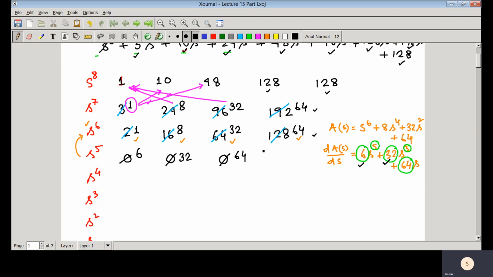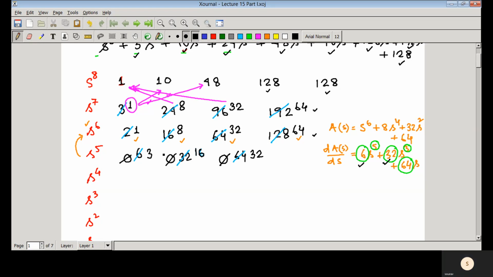So now you can see here that we can take 2 common. If we take 2 common here, it would be 3, then 16, and here we have 32. And we know that after replacing those coefficients from the auxiliary polynomial, then we can proceed.